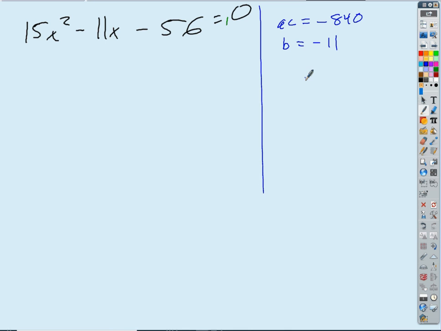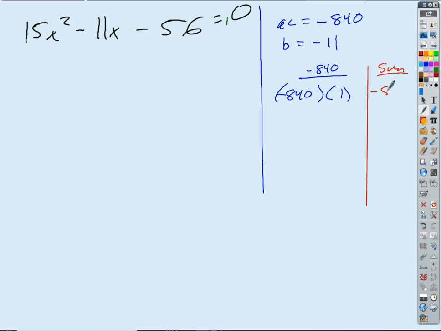So when we make our factors of negative 840, we can start off with really disproportionate ones. We know we want to add to a negative, so the negative is going to have to be a little bit bigger, agreed? So we can start with negative 840 times positive 1, and let's keep track of the sum over here.